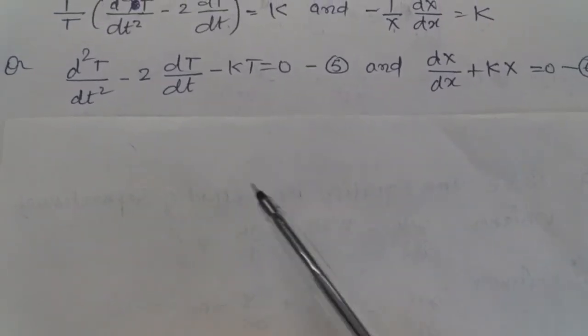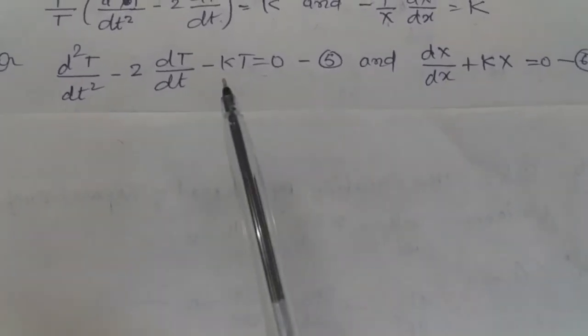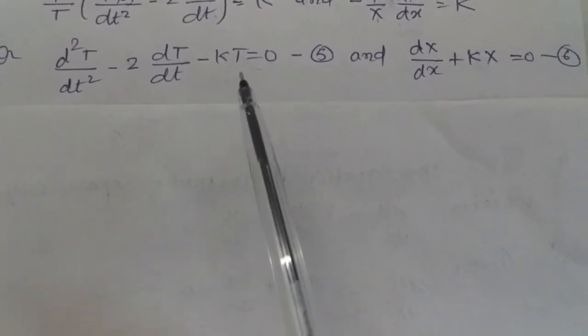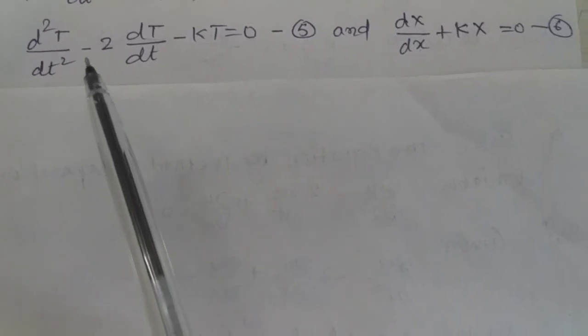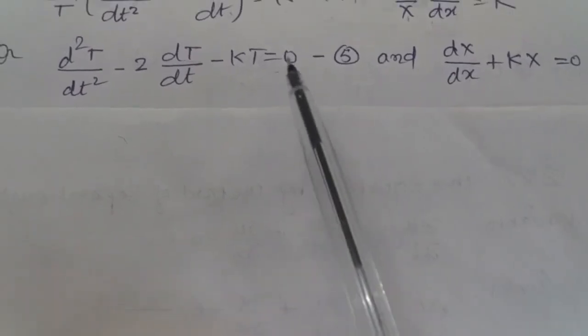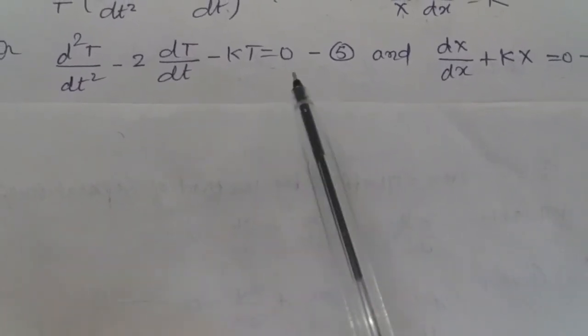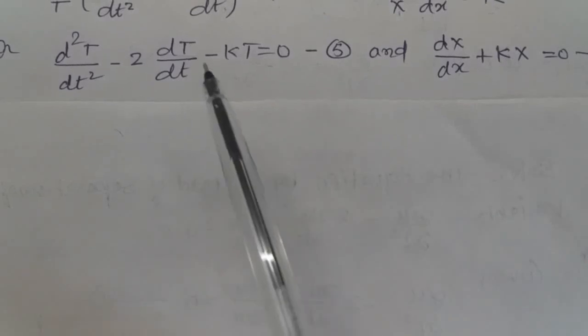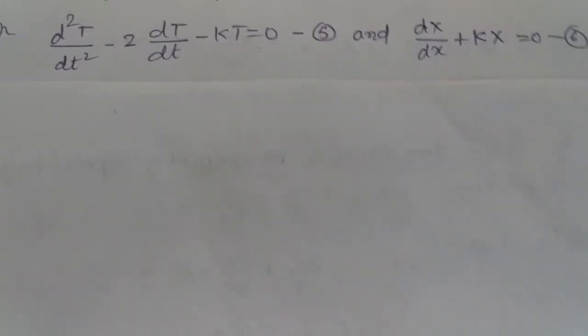Equation 5 is a linear differential equation with constant coefficient, and therefore its solution T is CF plus PI. Further, the right hand side of equation 5 is 0, therefore PI is 0, and finally T equal to CF is the solution.